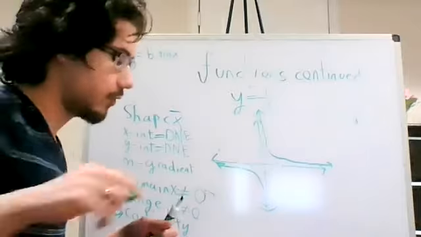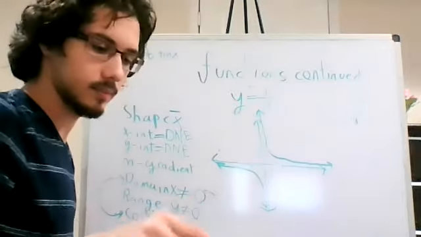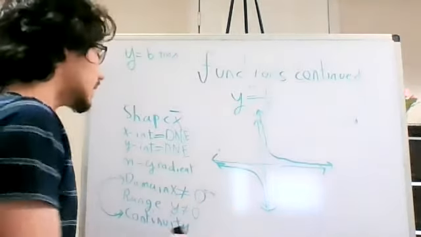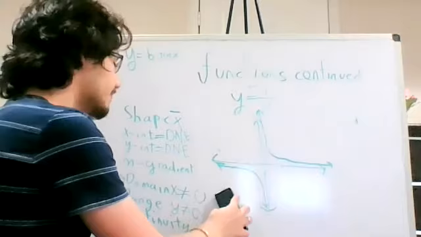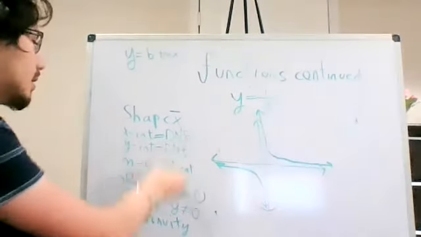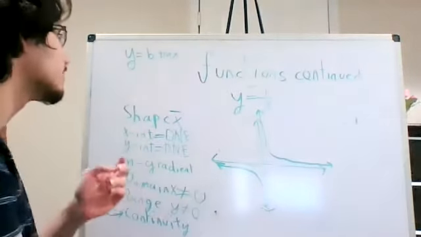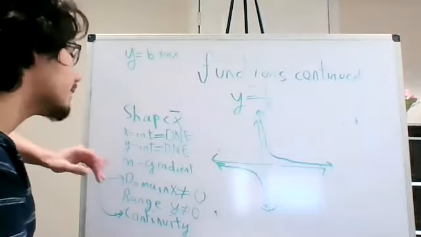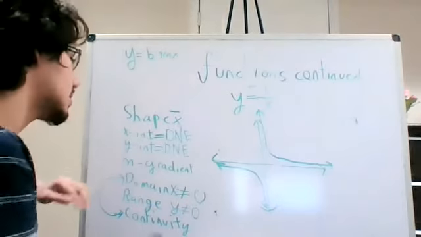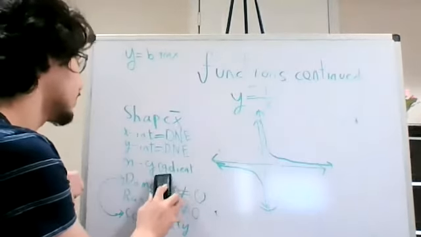So this is a little food for thought. This is how we used all of the information here to find out how this will work. The only information here that wasn't relevant was the gradient.